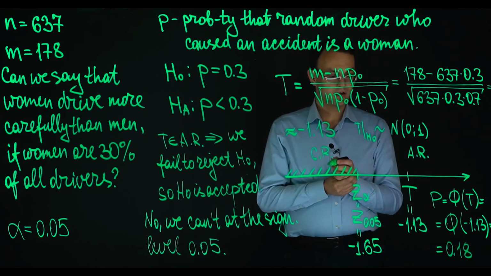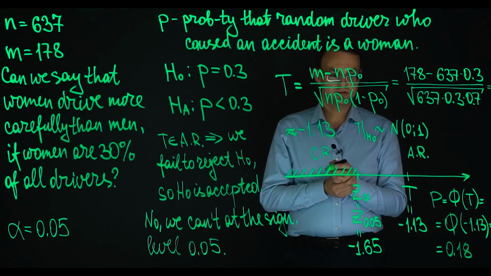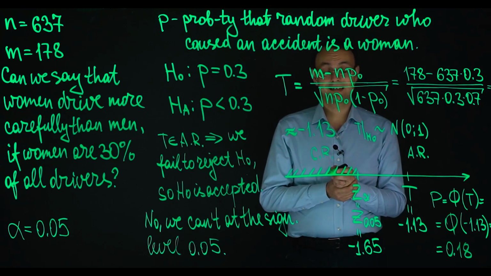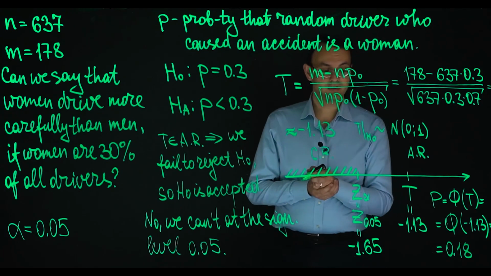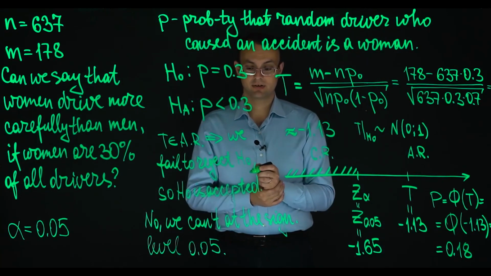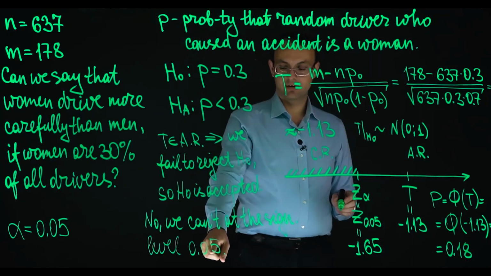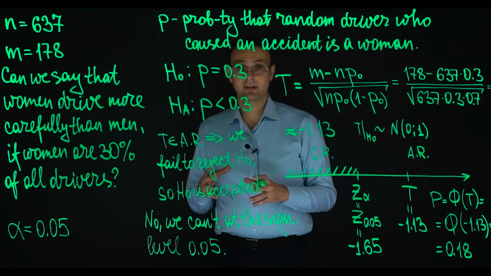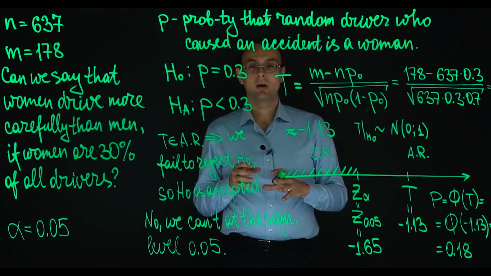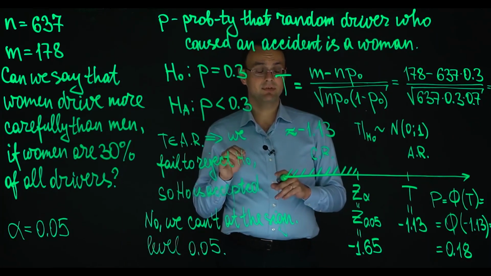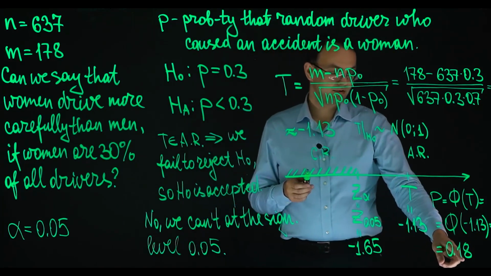So this means that this hypothesis will be accepted at any significance level less than 0.18. So not only at the significance level 0.05, but also at significance level of 0.08, of 0.1, of 0.15, at all significance levels less than this one.